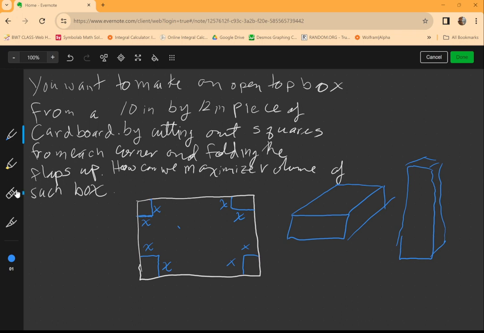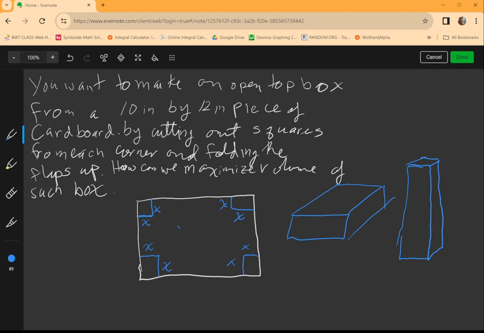Okay, so something like this. So what would be the best approach?